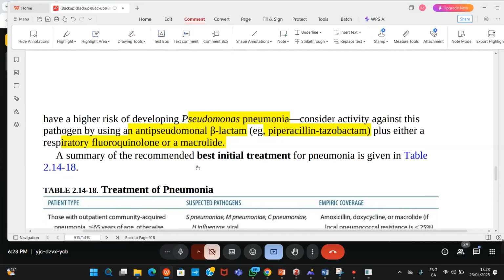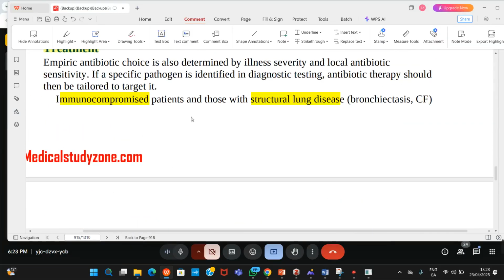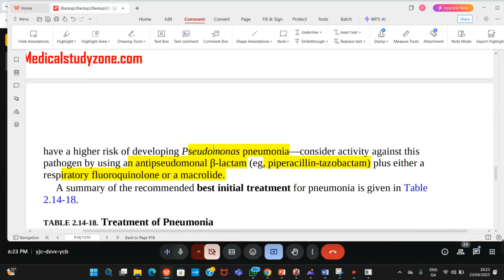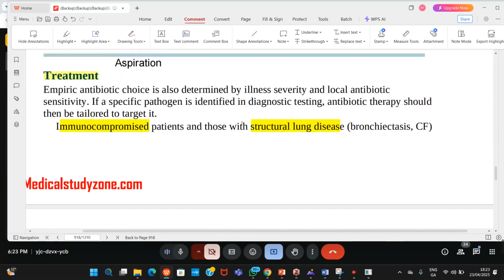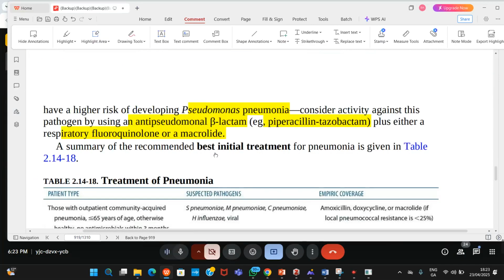So for people that are compromised and have structural lung disease like bronchiectasis and cystic fibrosis, you must always give cover for Pseudomonas. Very, very important. What you want to consider is usually piperacillin tazobactam.